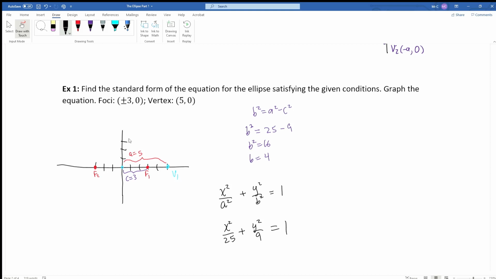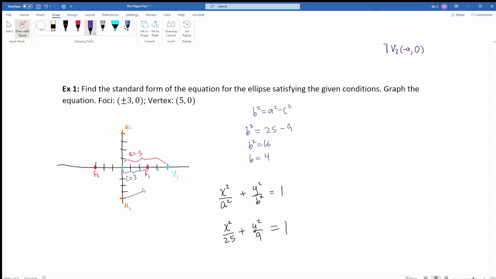I'm also supposed to graph the rest of the ellipse, so let's go ahead and do that. Since b is 4, that means we will get to our minor endpoints, I should say, by going a distance of 4 out from the center. And now I have everything I need to draw my graph.